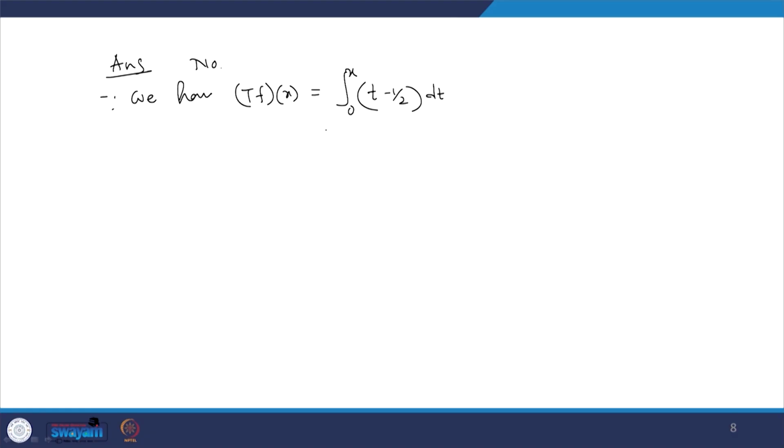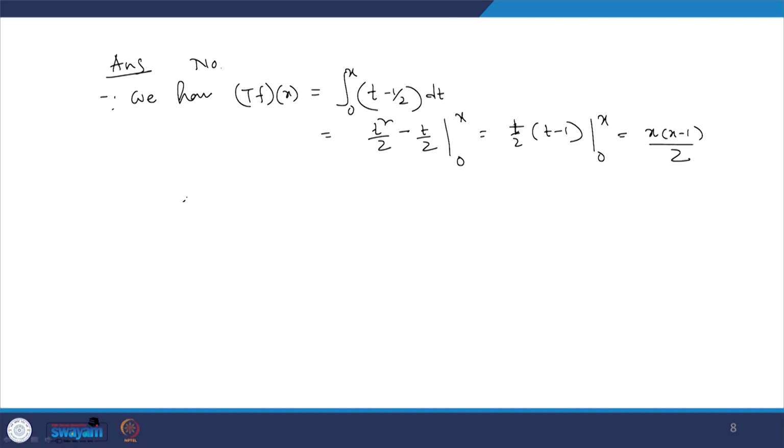Then I will have t square by 2 minus t by 2, evaluated from 0 to x, which is equal to 1 by 2 into x into x minus 1.